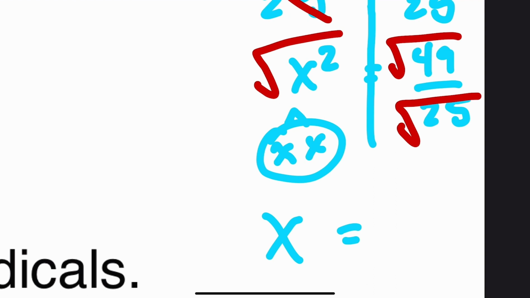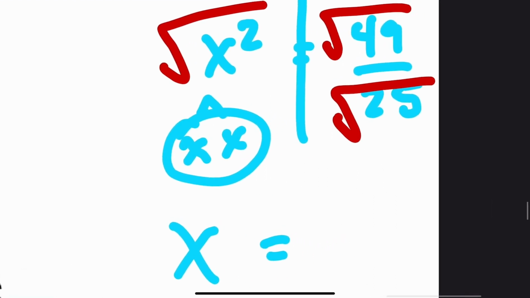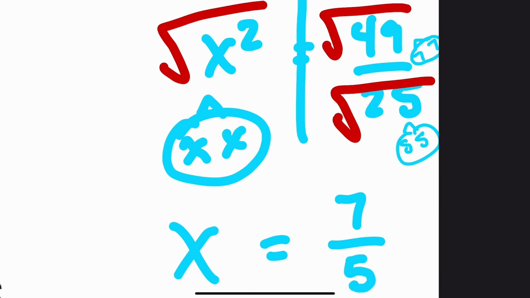Spoiler, that's going to happen every time. For my 49, I'm going to actually scooch in here because I'm running out of space. I know 7 times 7 will give me 49, so that's what's going to be on the top of my fraction. And then at the bottom, I know that 5 times 5 will give me 25, so that's my pair there. So at the bottom, I'll have 5.